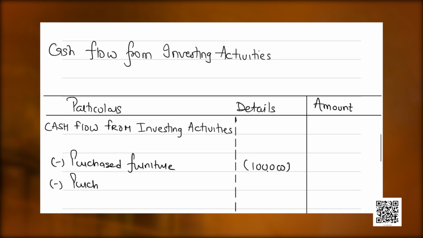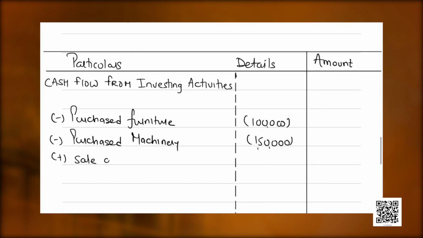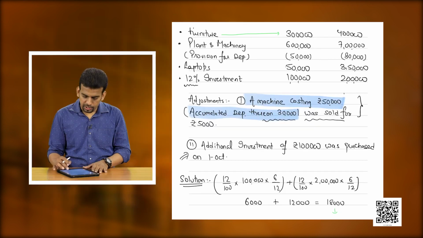Next we had the plant and machinery item, for which we have made two accounts. Let us refer to the same. We purchased a machine for 150,000 and we sold one machine for 5,000. That is an inflow, right? Let us move to the question again.